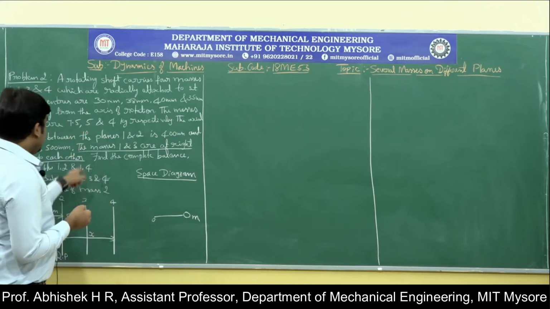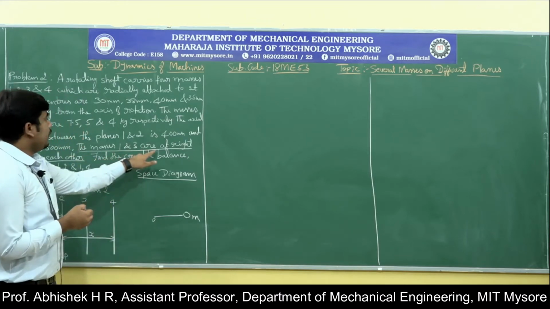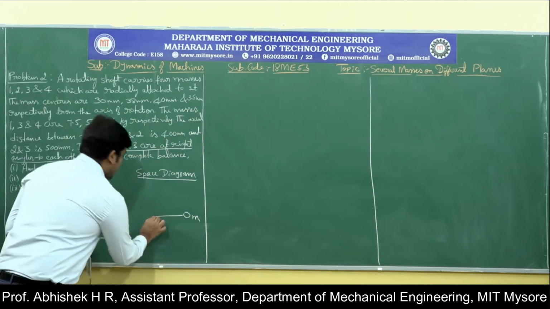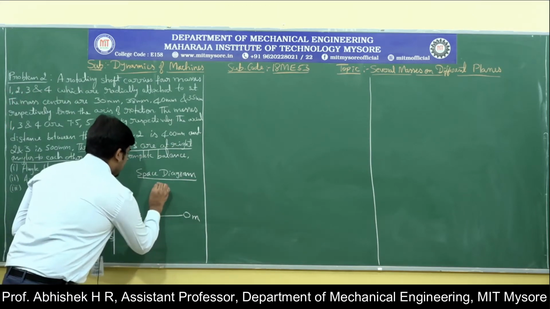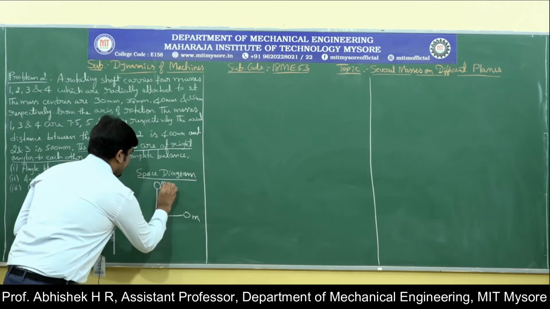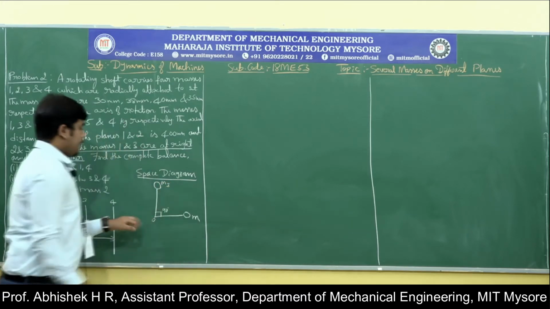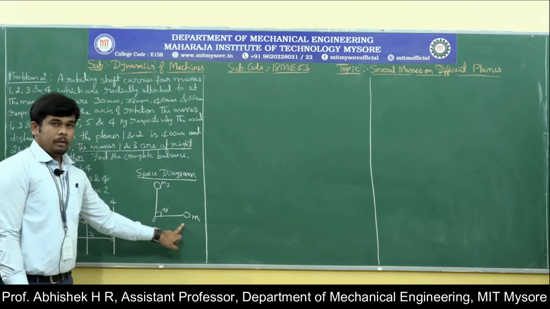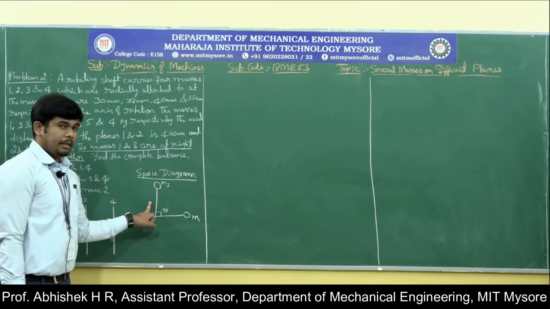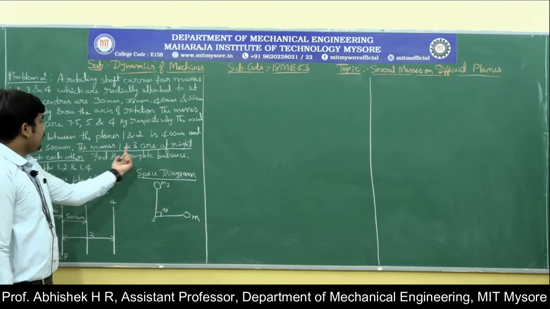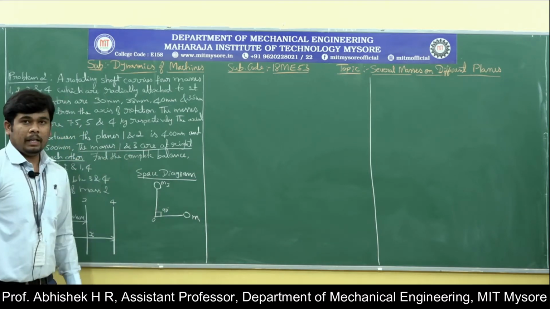But we know that masses 1 and 3 are at right angles to each other, which means plane 3 from plane 1 is at 90 degrees, because it is clearly given that mass 1 and 3 are at right angles to each other.